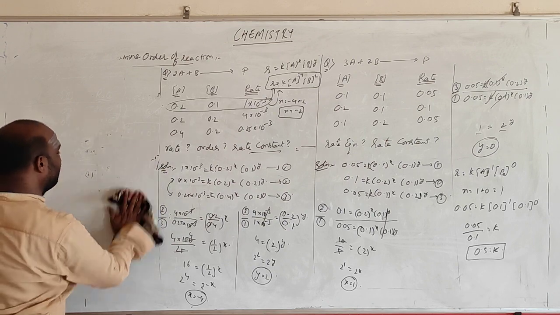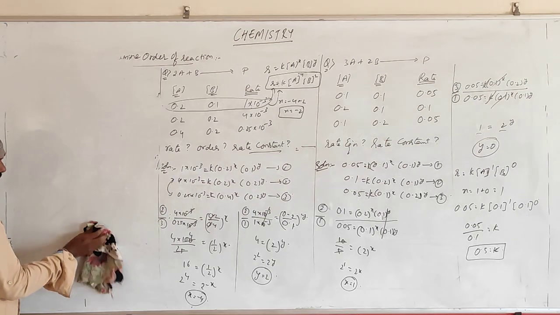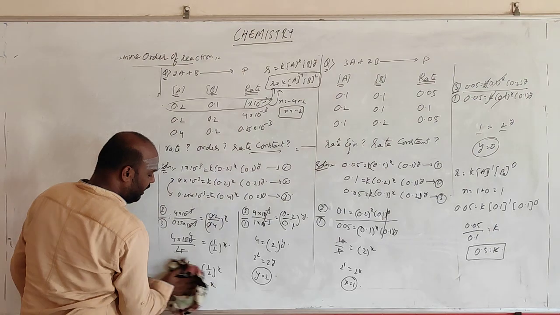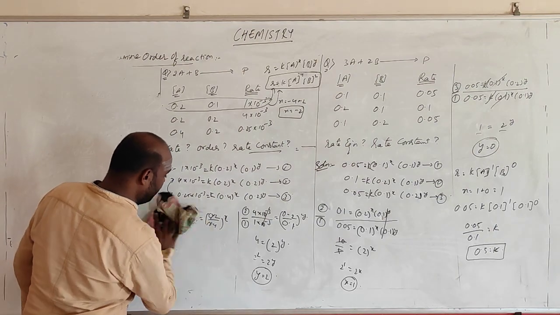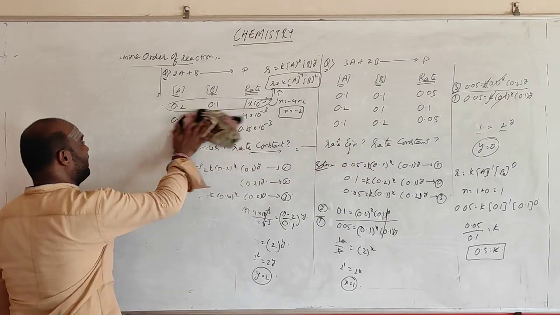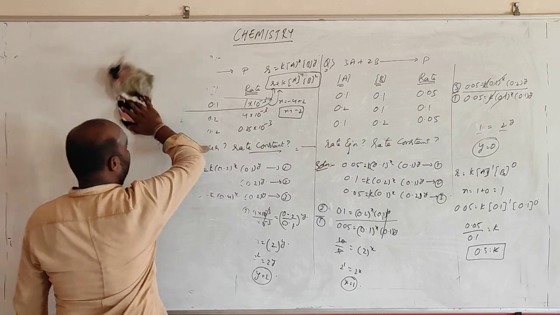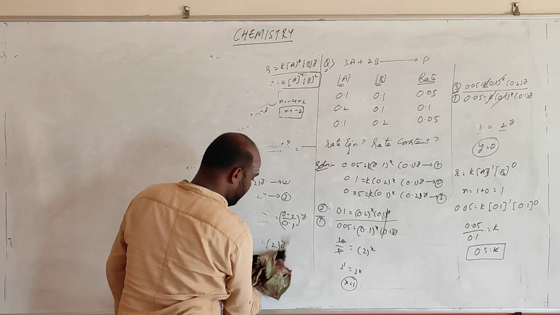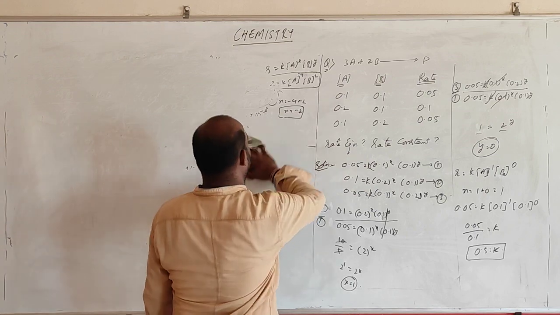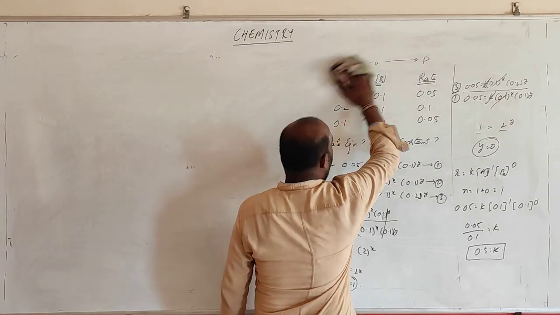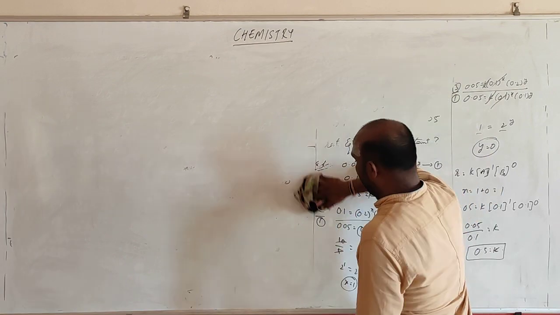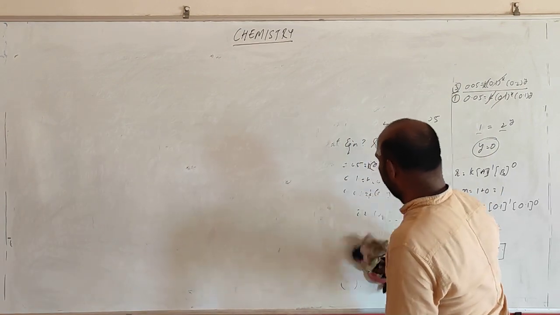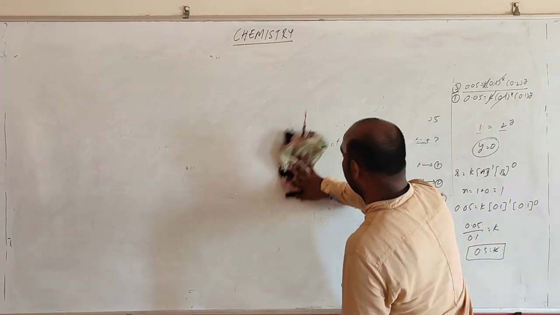Zero order kinetics. What is meant by zero order? We know what is meant by order: order is nothing but the sum of the powers of the stoichiometric terms in a rate equation. Now we are going to study zero order. We have zero order, first order, and many other things present in our syllabus.